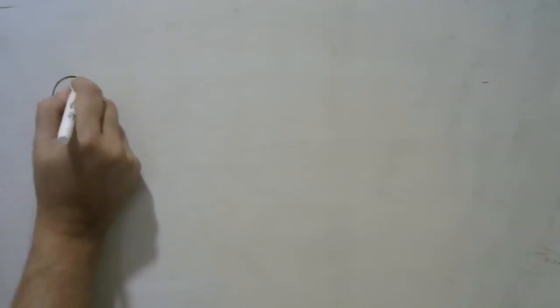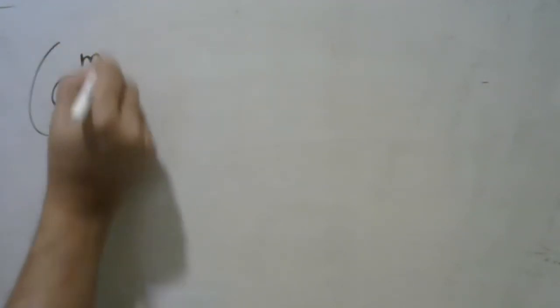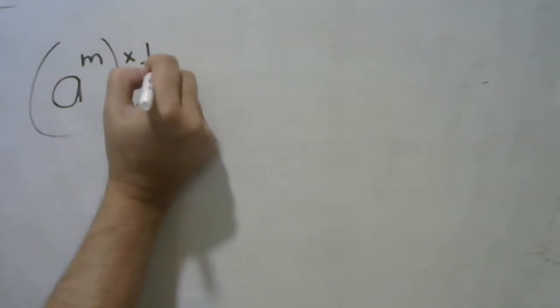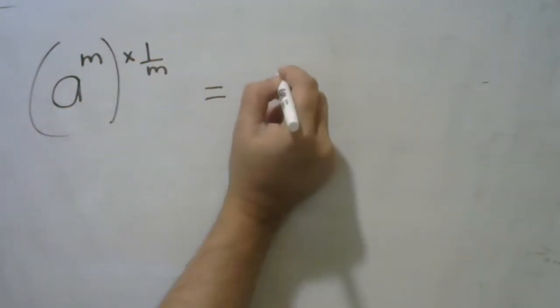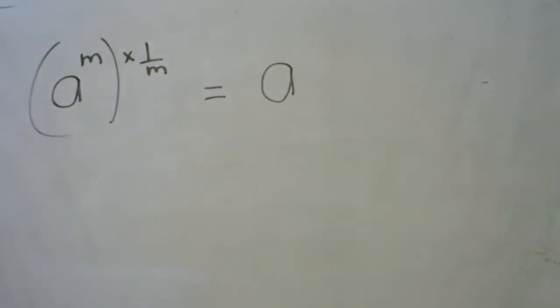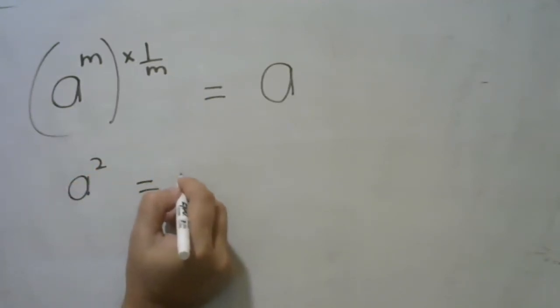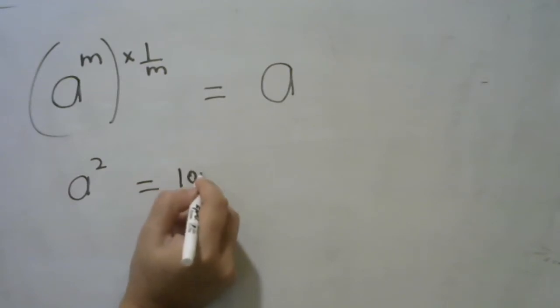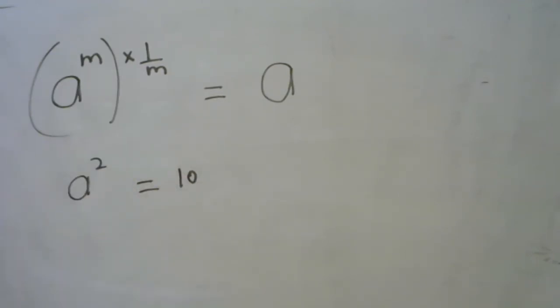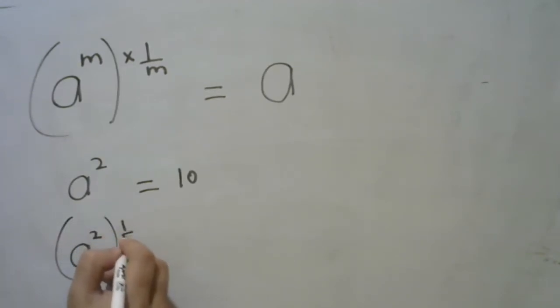Think about it. That a to the m times 1 upon m is equal to a. And this, if m is equal to 2, right? So if you have a square is equal to something, whatever, 100 or 10. So you want to find a, what you have to do, you have to say a square to the 1 upon 2, because you want to cancel this out.